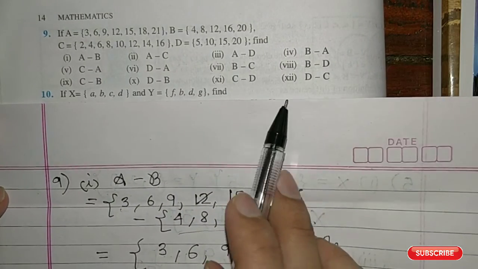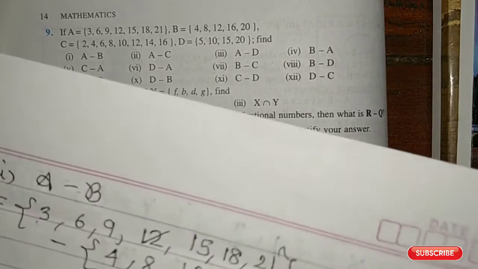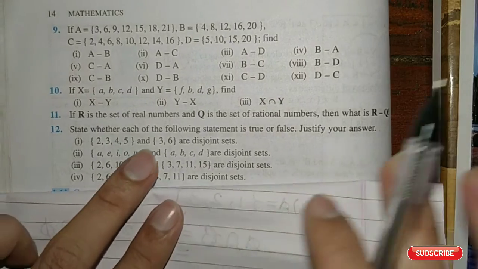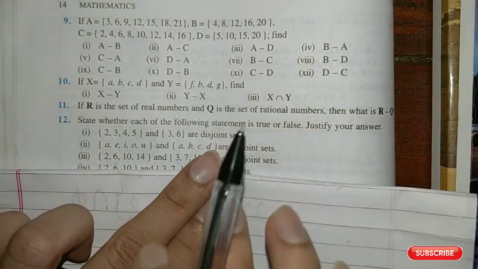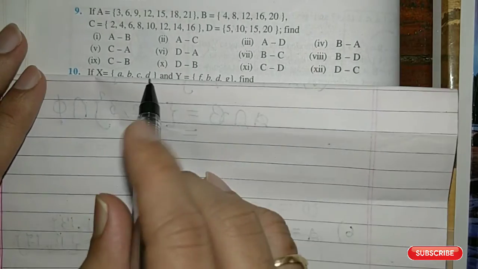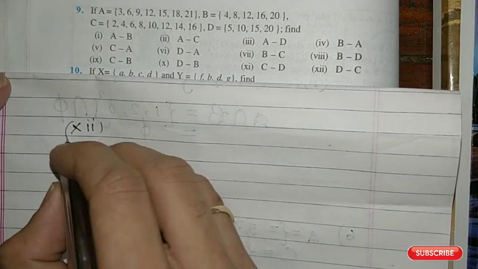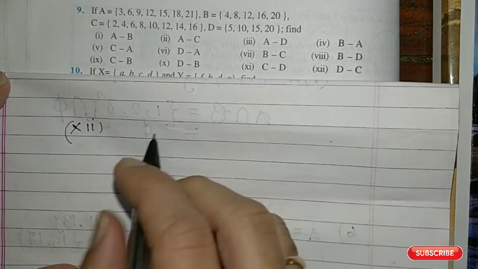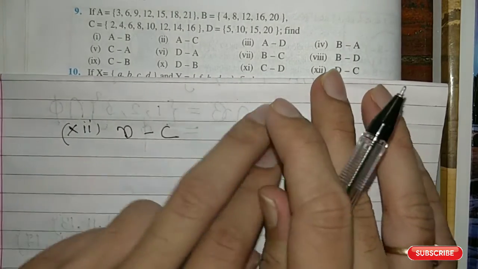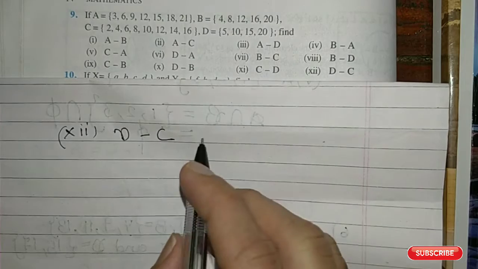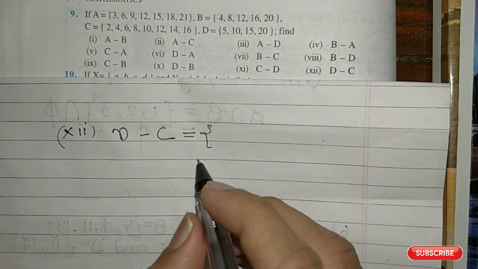Now let us go to the 12th problem. What is the 12th problem? You have to find D minus C, that is the difference of sets.